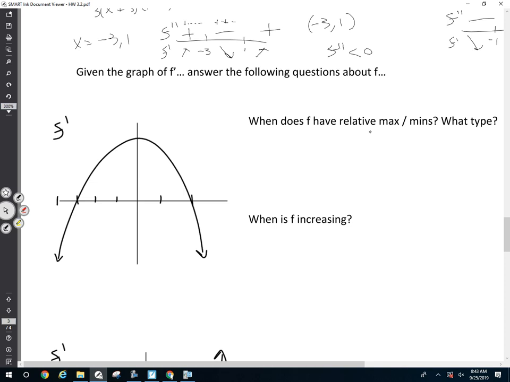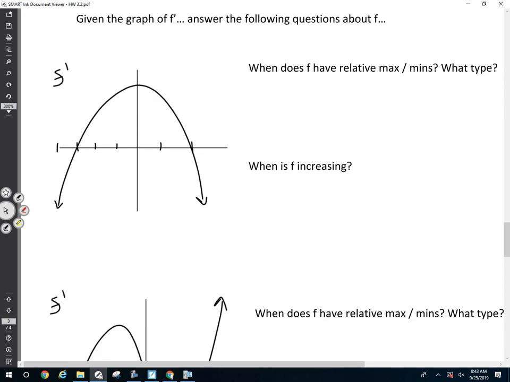All right, to the fun questions. Given the graph of f prime, when does f have relative maxes or mins? What type? It's important to realize 0 is not a max. This is f prime. So this is not f. Remember, this is like the derivative. It's the tangent slope generator for f. What we will want to do is just go straight to a sign analysis and think, okay, positive f prime values, negative f prime values.